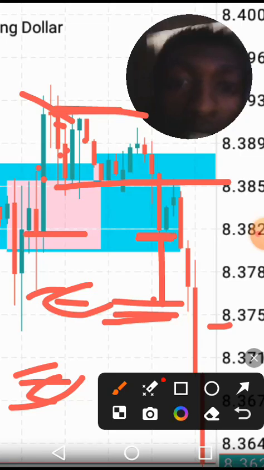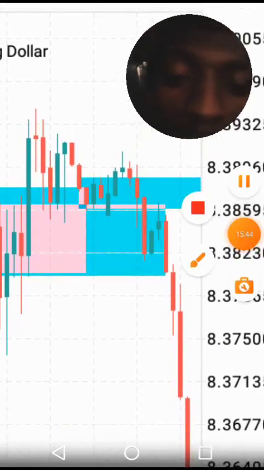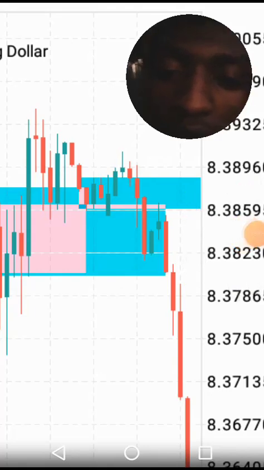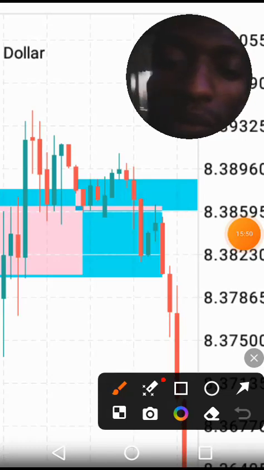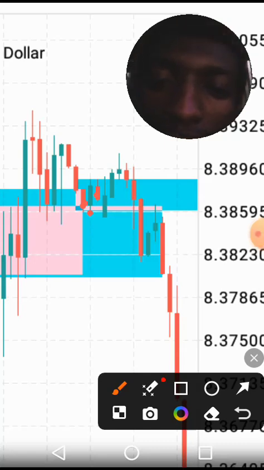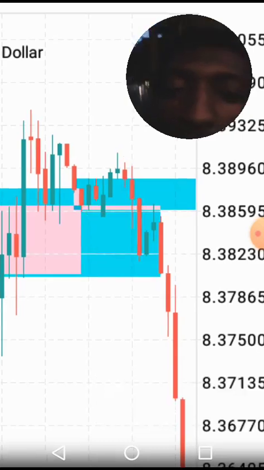Alright, it is getting dark, so let me finish this before it gets dark. So what happened there? Price dumped and formed another black box, TP2 and TP3. Then obviously that looks like a buy, as you can see.